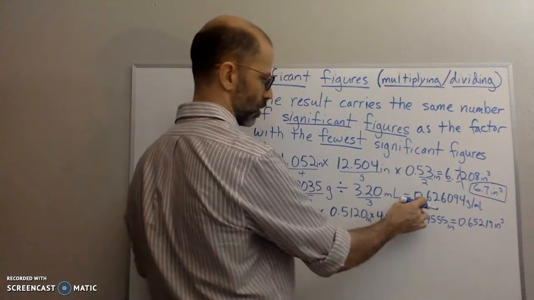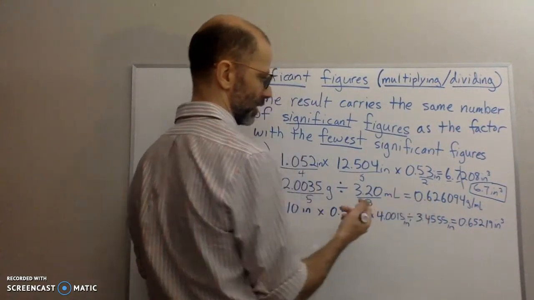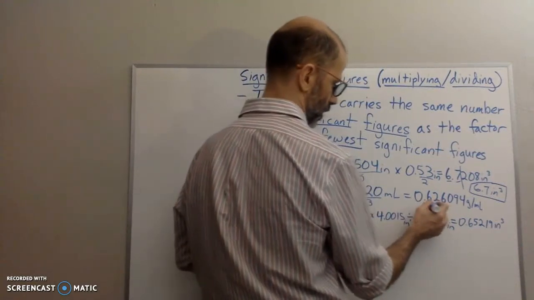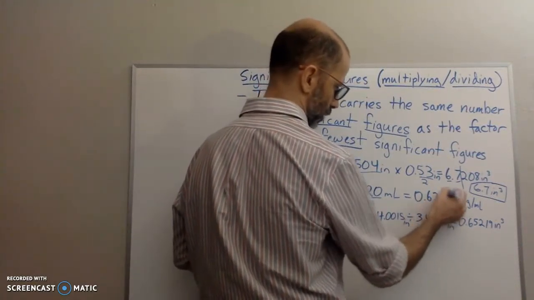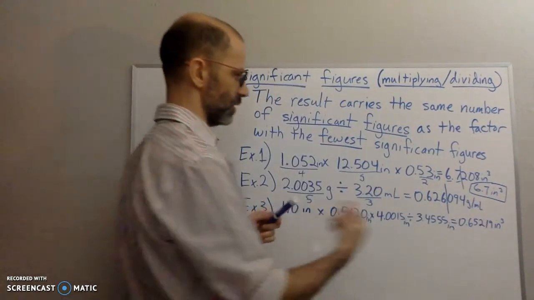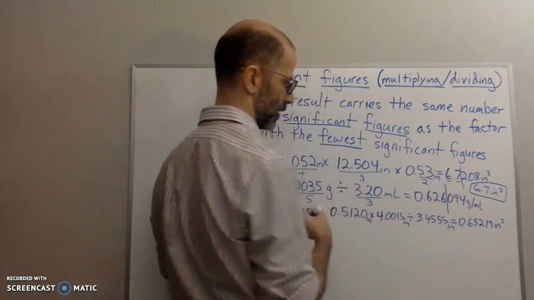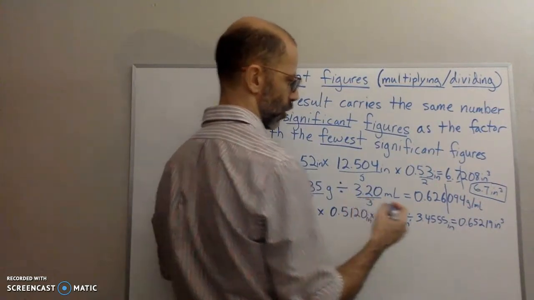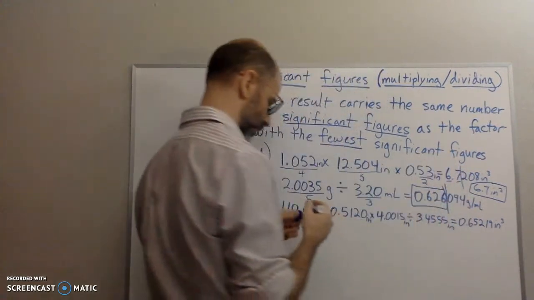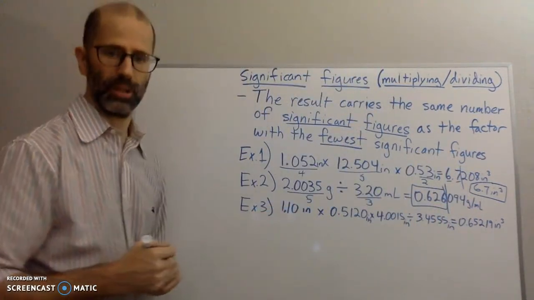So again, that 0 doesn't count. It's not a significant 0. So I'm going to keep 1, 2, and 3. So I cut it off here. And since that's a 0, I keep the 6 a 6. And so I would report this as my answer.